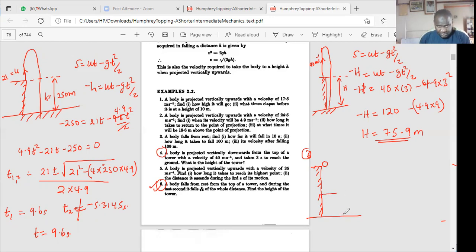During the last second, the time it takes to reach down here is t, then this is t minus 1. Remember distance in the nth second, we are now applying those conditions. So the distance it is falling during this last second is 9/25 of h, assuming h is the entire height of the tower.